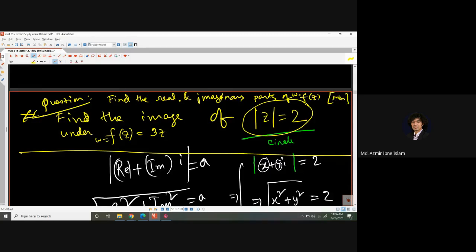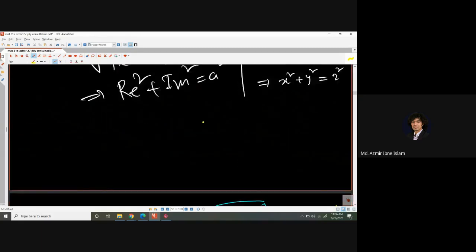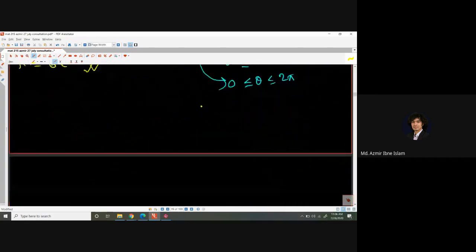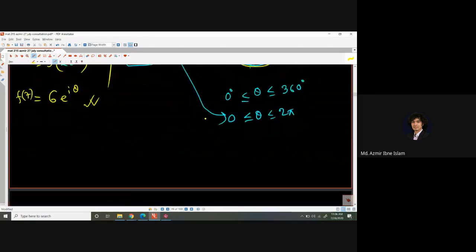So now we need to figure out the real and imaginary parts. How can we do that? Here we have 6 e to the power i theta. So instead of f of z, we can say it is w. So w equals 6 e to the power i theta.